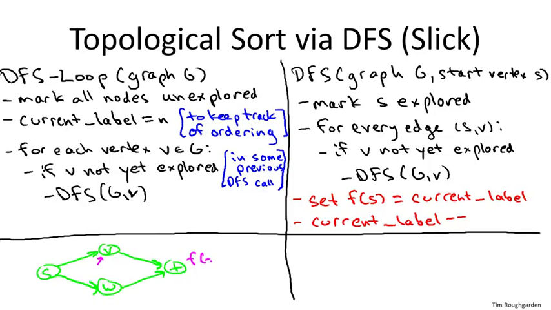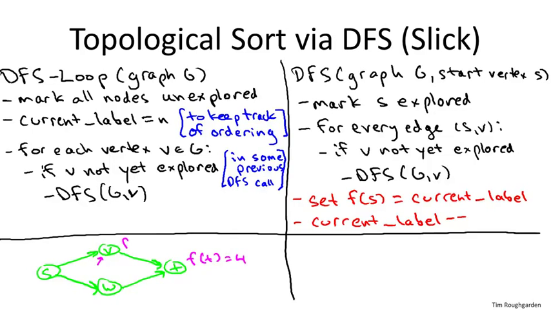Well, the only place you can go from v is to t, and then at t there's nowhere to go. So we recursively call DFS at t, there's no edges to go through, we finish the for loop, and so t is going to be assigned an f value equal to the current label, which is n, and here n is the number of vertices, which is 4. So f of t gets the label 4.